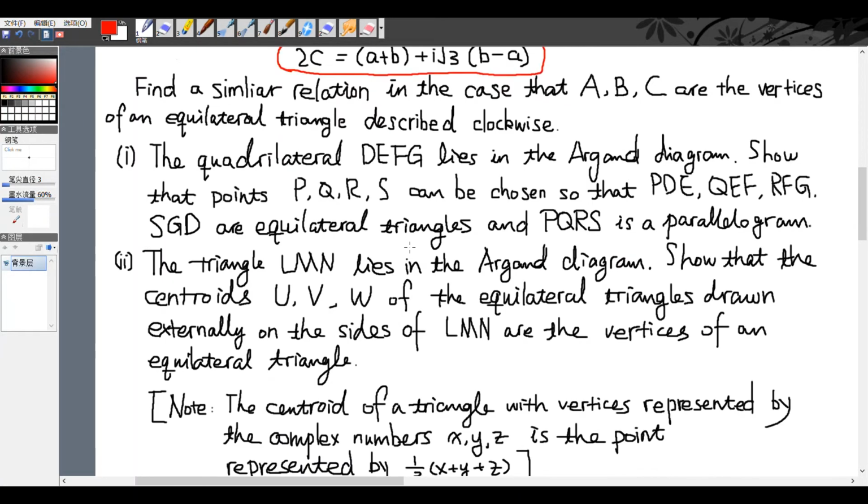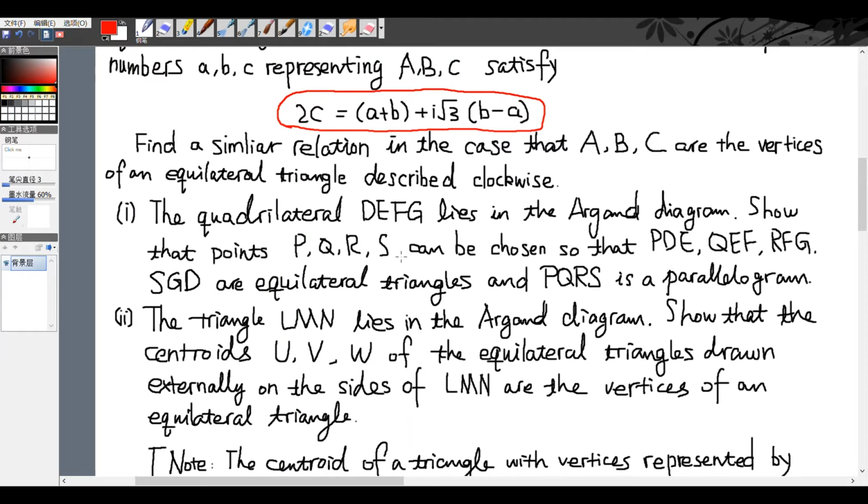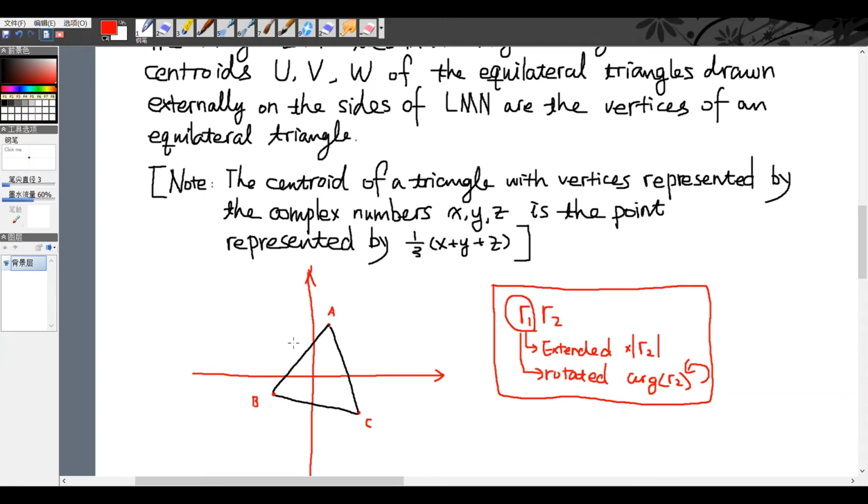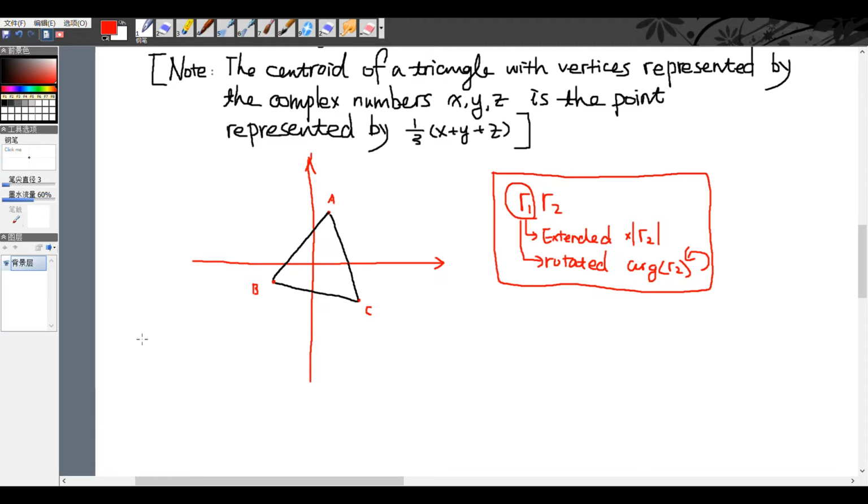So in order to solve this question, we first need to observe that we can usually interpret complex numbers as vectors. So the displacement vector of AC is just the anticlockwise rotation of the displacement vector AB by pi over 3 radians.